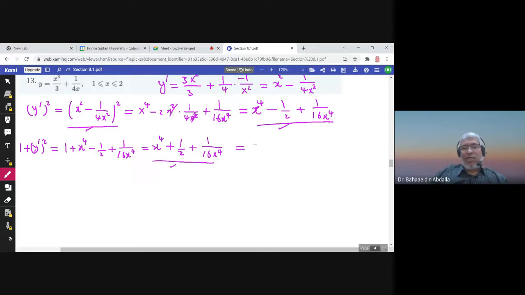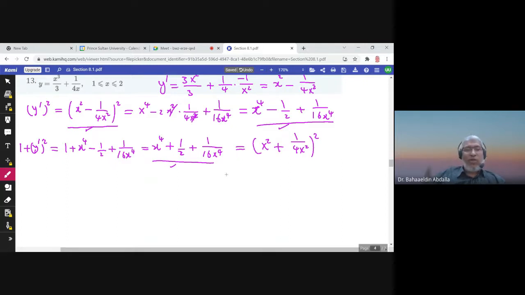So I can write it as x squared, but instead of negative, it would be positive 1 over 4 x squared, to the power 2. So 1 plus y prime square becomes a perfect square, and that's the general idea here.